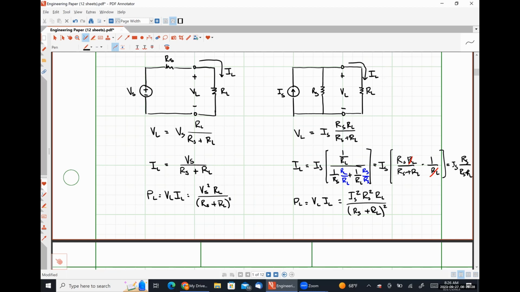When I look at the voltage relationship or the current relationship or the power relationship, there is one single thing that needs to be true in order to make every equation we have over here on the right equal to every equation we have over here on the left, thereby guaranteeing that the two circuits are electrically equivalent to each other. What is that thing?